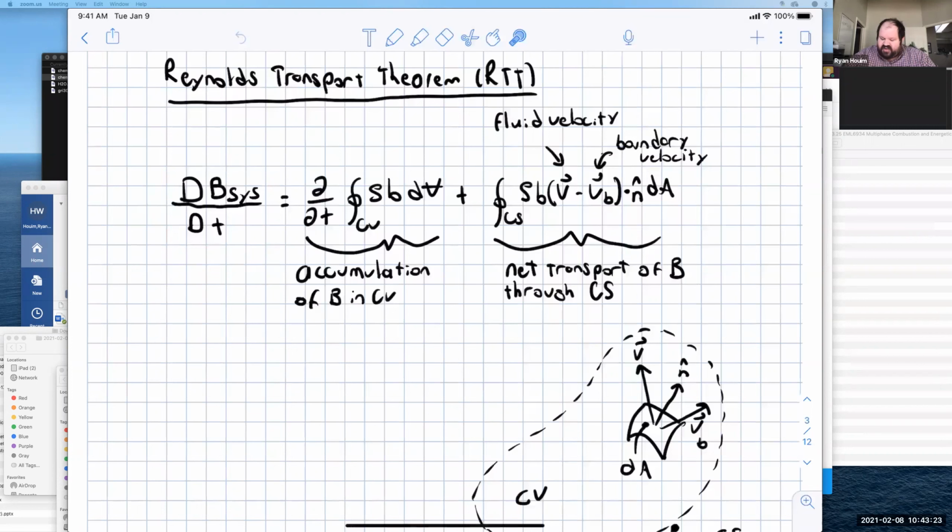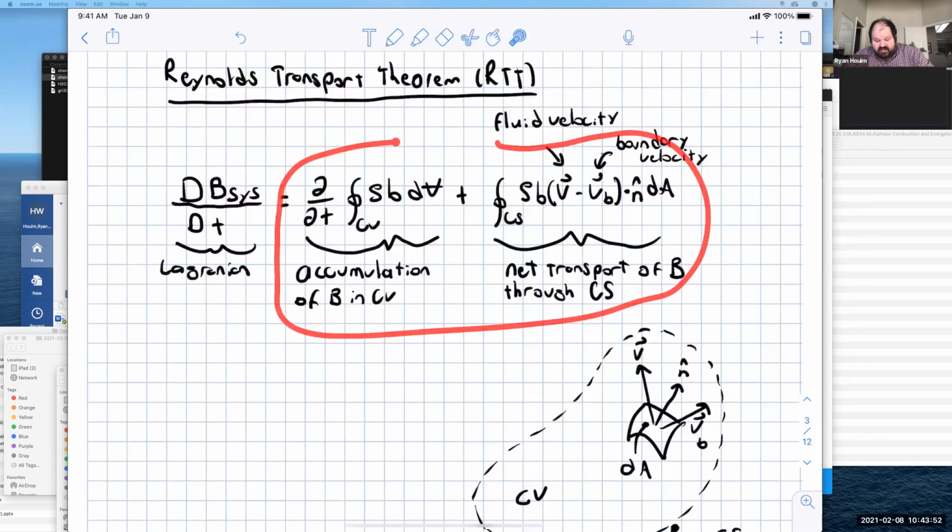Those are written to follow a particle in space. The RTT is the link where you can write a conservation law like this and take it from a Lagrangian frame of reference and transition it to an Eulerian frame of reference, which is over here.